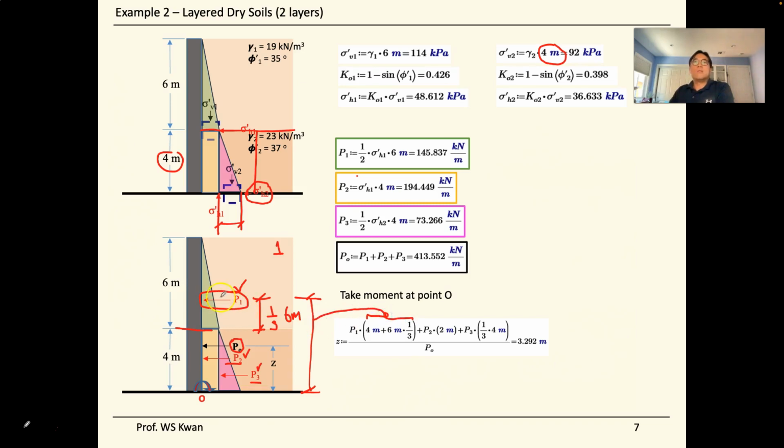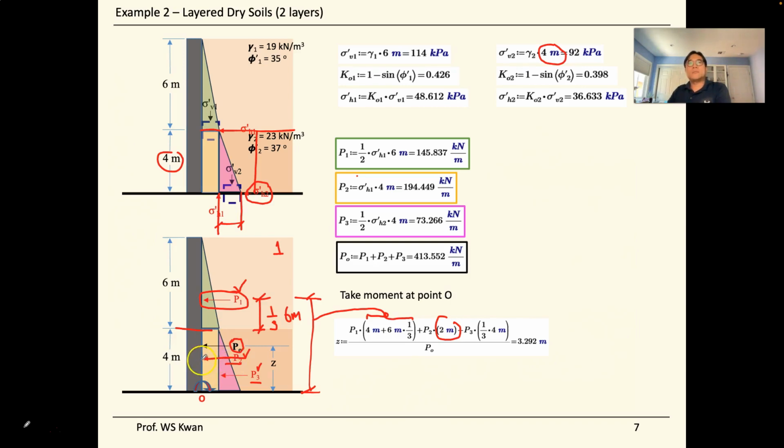Then P1 times this moment arm gives us the first component, the counterclockwise loading, and then P2 right here, which is here. So this is the moment arm of P2, and P2 is acting at the middle, the mid height of this rectangle, because this is a rectangle. So the centroid is right at the midpoint.